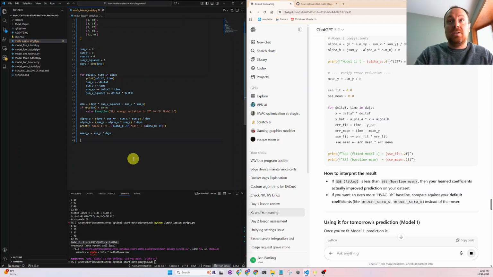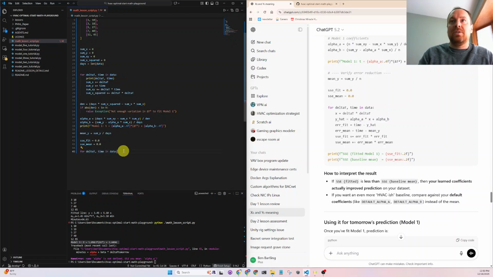So let's just say, all these acronyms. SSE fit equals 0, SSE mean equals 0.0. So we could do for delta t time in data. Same thing as our little for loop up here.